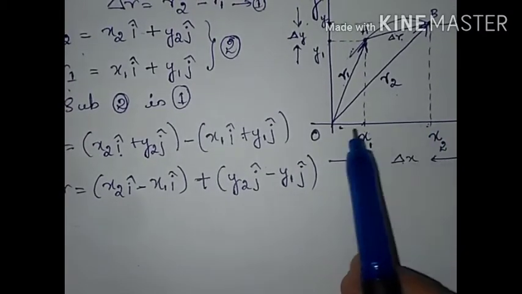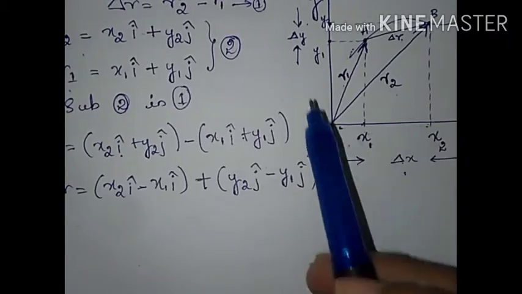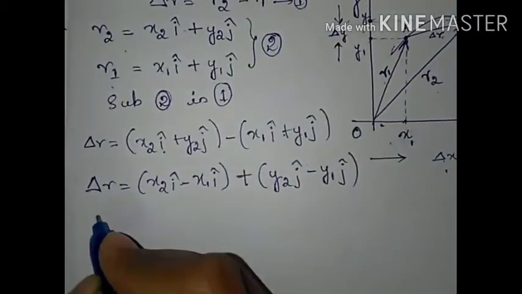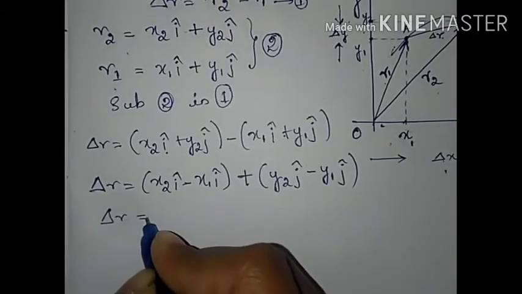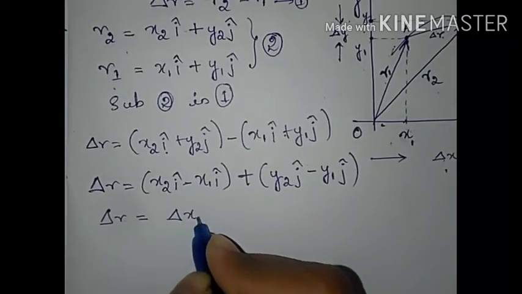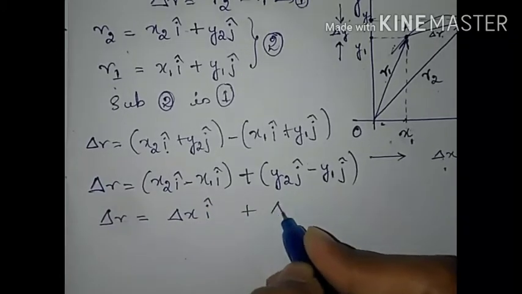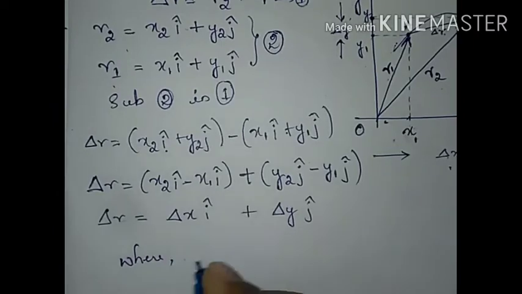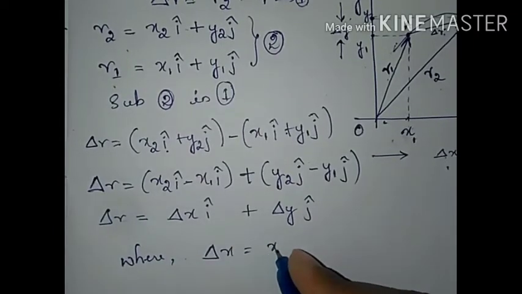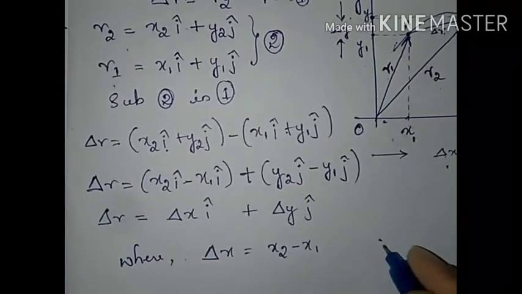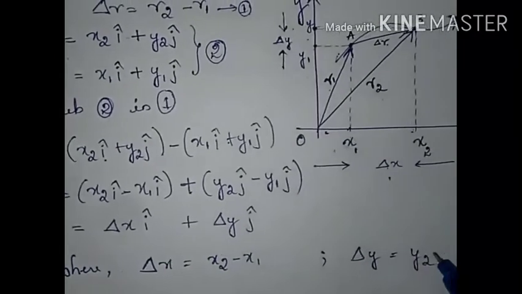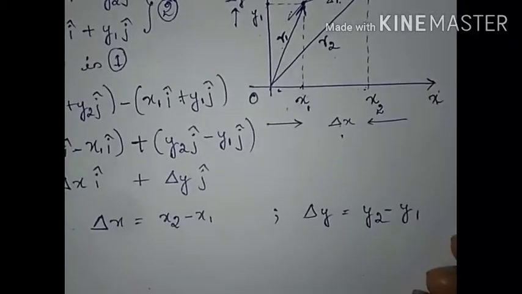So from the diagram, if you observe what is x2 minus x1, it is delta x. What is y2 minus y1, it is delta y. So substitute that here. Delta r is equals to delta x I cap plus delta y j cap, where delta x is equals to x2 minus x1 and delta y is equals to y2 minus y1.